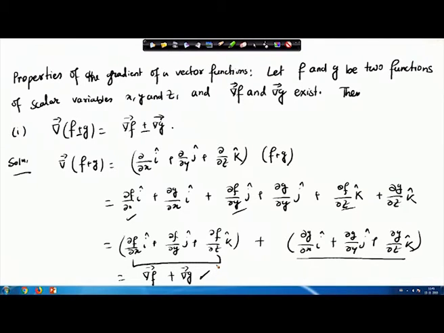Now, we can also have a property for the gradient of the product, which we also write using the nabla symbol. So, gradient of the product is equal to f times gradient of g plus g times gradient of f.